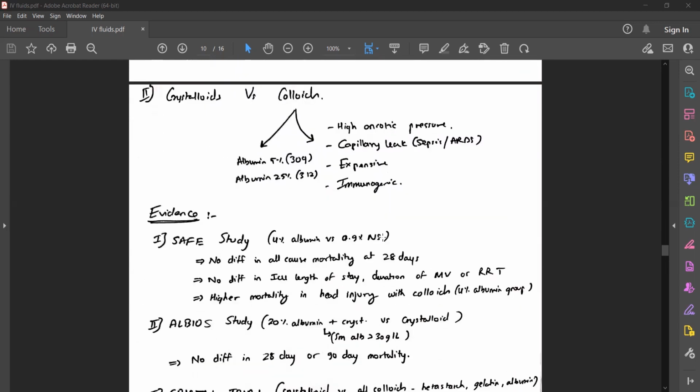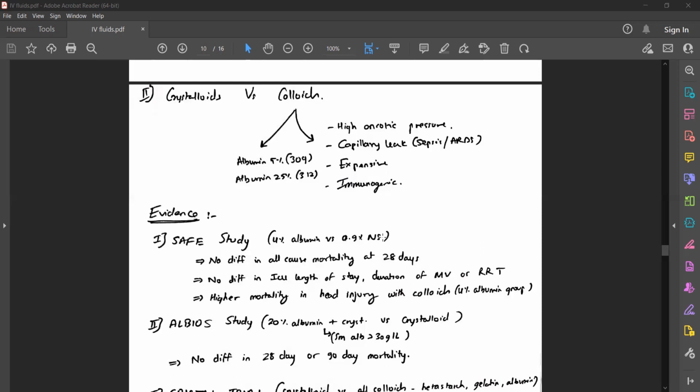So in the end, what I would like to say is, in my opinion, although there's not much difference in mortality when you use crystalloids versus colloids, you have to use an individualized approach. The first line, you can start with crystalloids, and eventually colloids can be second line of resuscitation. Nowadays, the use of colloids, that is the albumin solution, is mainly limited to SBP, hepatorenal syndrome, and large volume paracentesis.